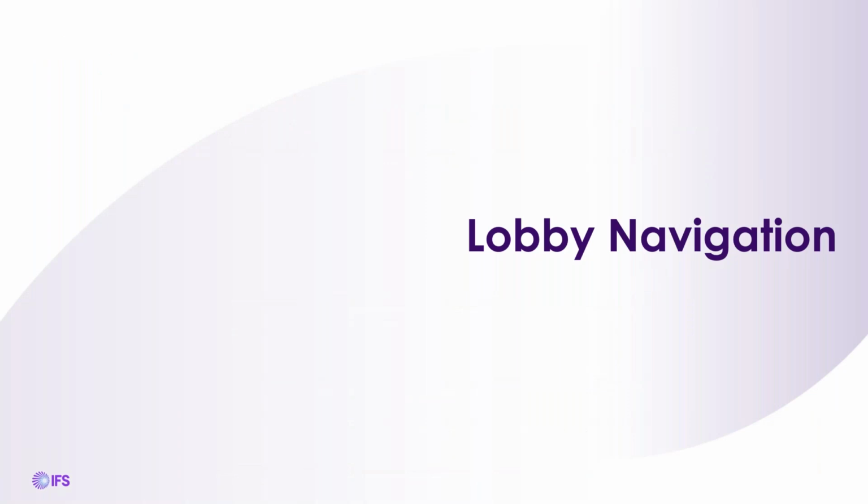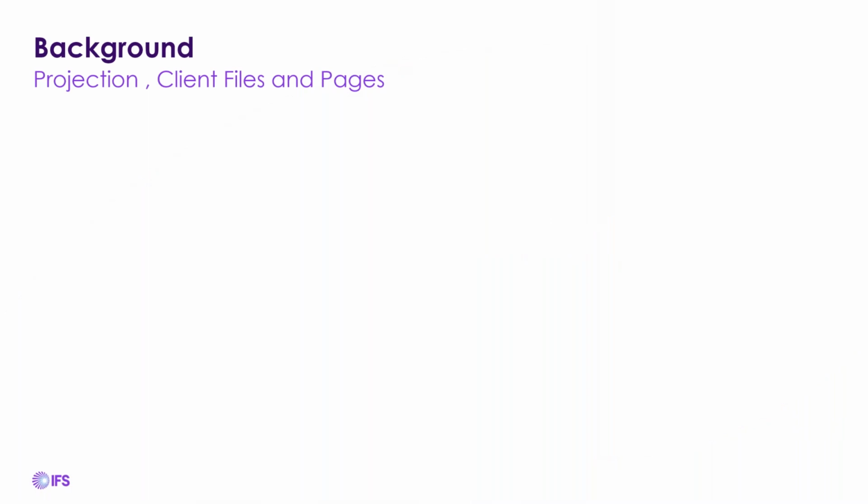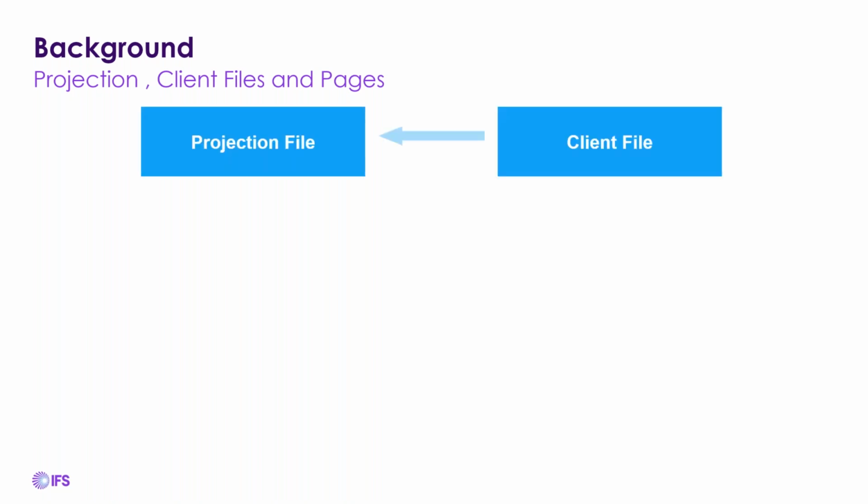When it comes to the Aurena client in the cloud environment, lobby navigation would be slightly different than what we had in the IE client. Before we jump into the lobby navigations, let's refresh our knowledge on projections, client files, and pages. The Aurena client file is the main entry point that defines pages, elements, and data bindings to the projection it uses.